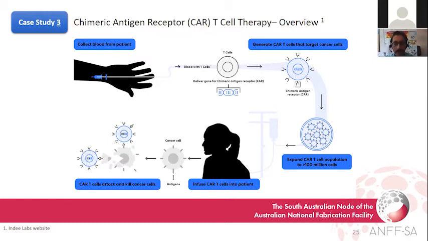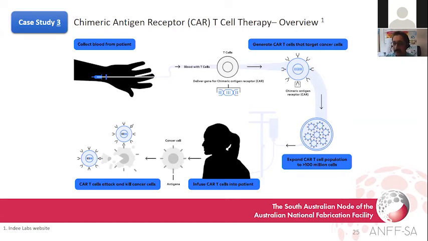So CAR T therapy is made by drawing blood from the patient, as you can follow in this diagram. Then separate out the specific T cells. In the third stage, modify them with a gene construct. So it can be an engineered construct or engineered virus or something like that.